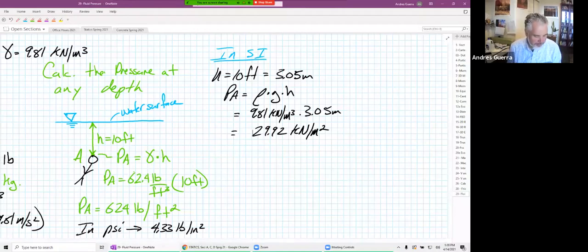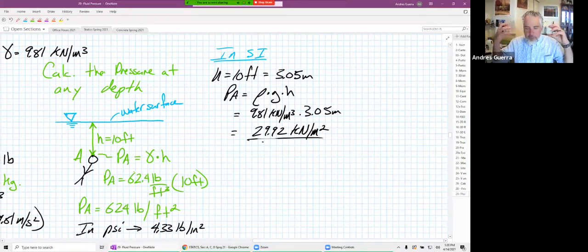Okay, so all three of these numbers, 29.92, 4.33, and 624, if we were in the swimming pool, we would feel exactly the same thing. They're just three different numbers that represent the same thing.